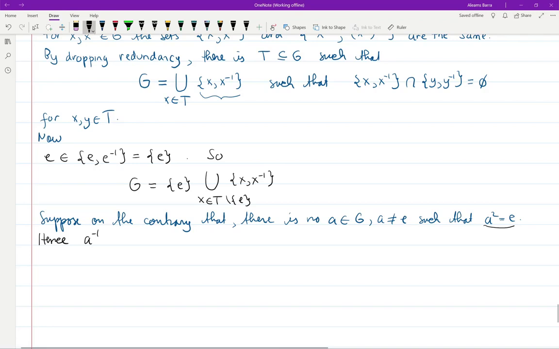So it means that there is no A such that A inverse equals A. Hence A inverse is not equal to A for all A not equal to E. Thus the set {X, X inverse} has cardinality equal to 2 for all X not equal to the identity.